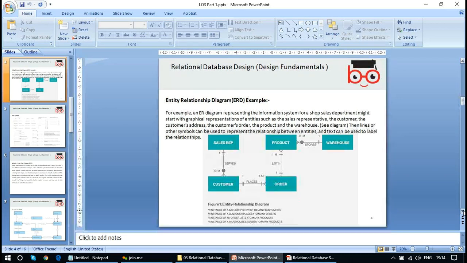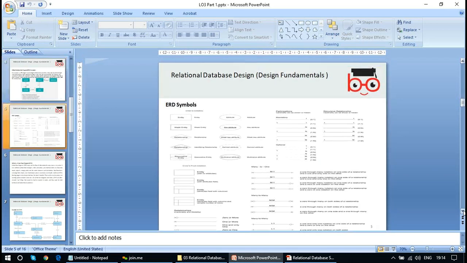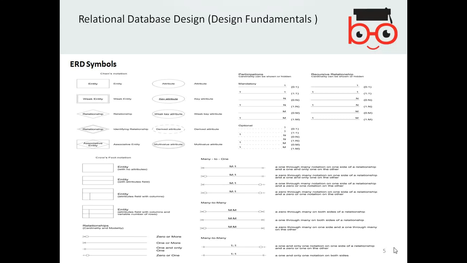However, the entity relationship diagram should use a number of symbols here. An entity is represented by a rectangle, a weak entity by a double rectangle, the relationship by a diamond, and the identifying relationship by a double diamond.